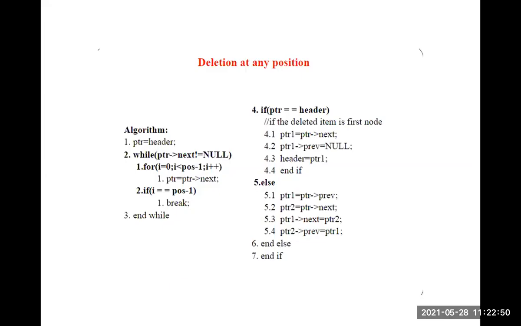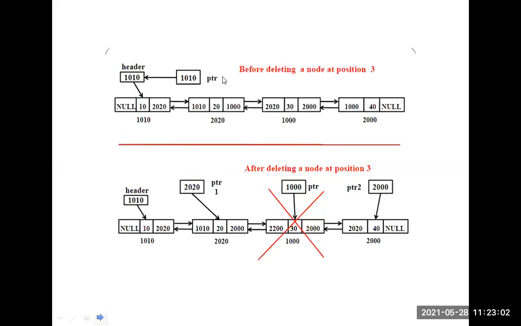Then we have to see deletion at any position in the list. Same as before, we first identify the position in the list, then you delete that node. Here I am identifying the third position, then I delete it. Before deleting, this address 2000 is stored here, and this address is stored here.